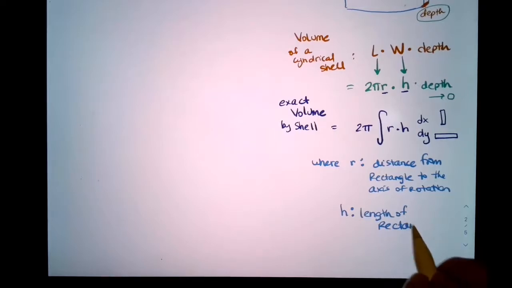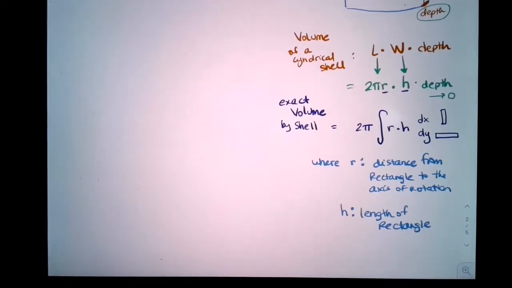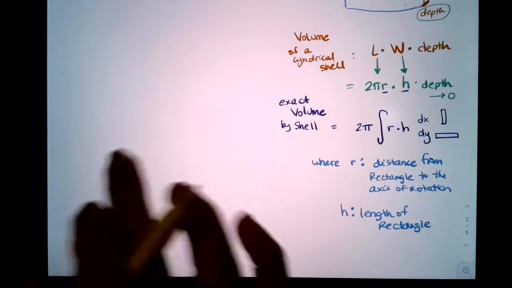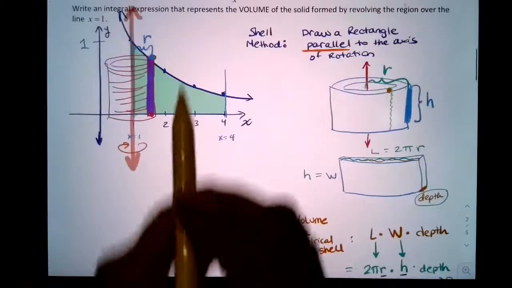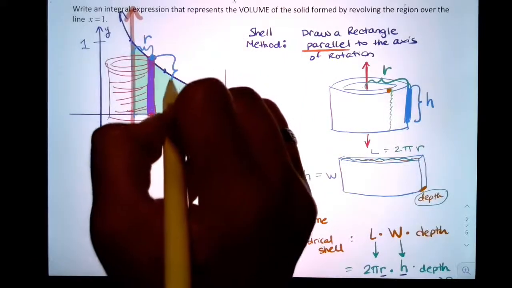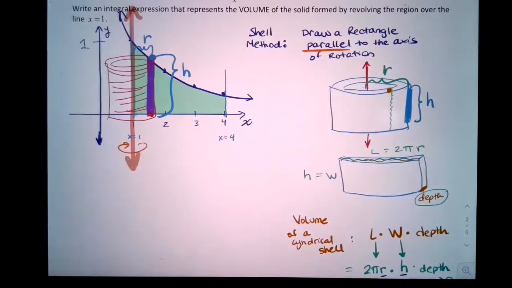So think top minus bottom or right minus left. If I go to my picture, this distance is h. I want to make sure that you realize you're always going to be going either top minus bottom or right minus left, because you want all of these positive values. It's very important with the shell method that you have a positive expression.